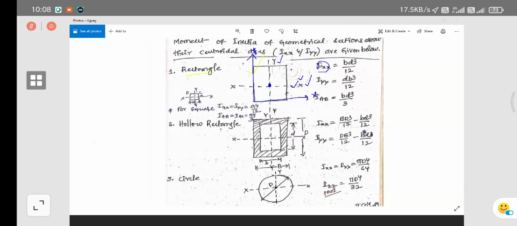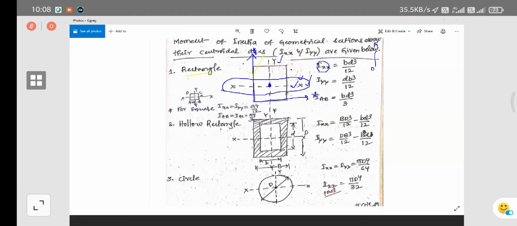If I want to find out the moment of inertia about this central axis, I have applied the definition of moment of inertia, that is the integration from 0 to a.